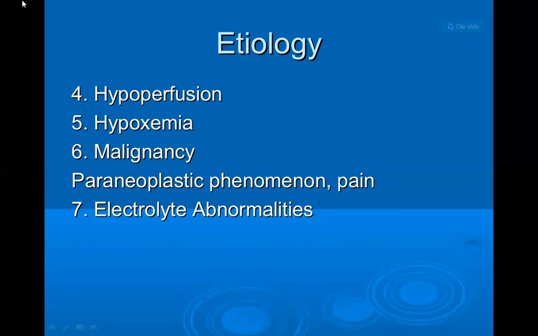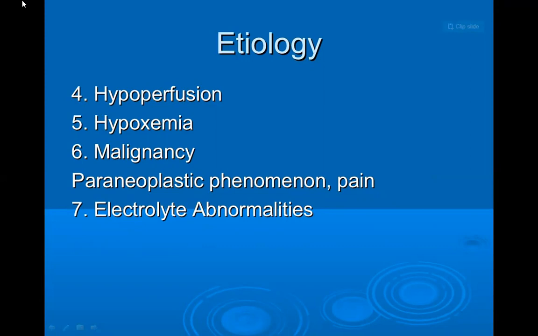When that area is compressed by the malignancy, the patient's brain is not able to function properly, because sometimes it affects the neurotransmitters or any part or lobe of the brain. In that condition also the patient may develop delirium.